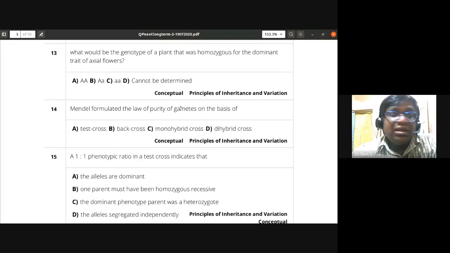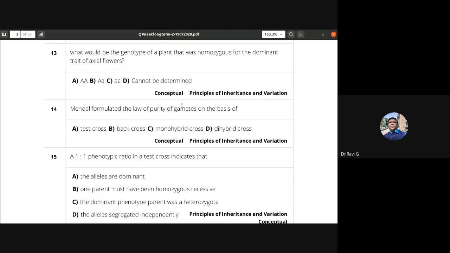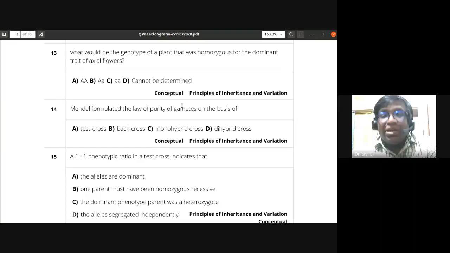So Mendel formulated the law of purity of gametes on the basis of monohybrid cross. So you can remember it is on the basis of monohybrid cross. C is the answer.